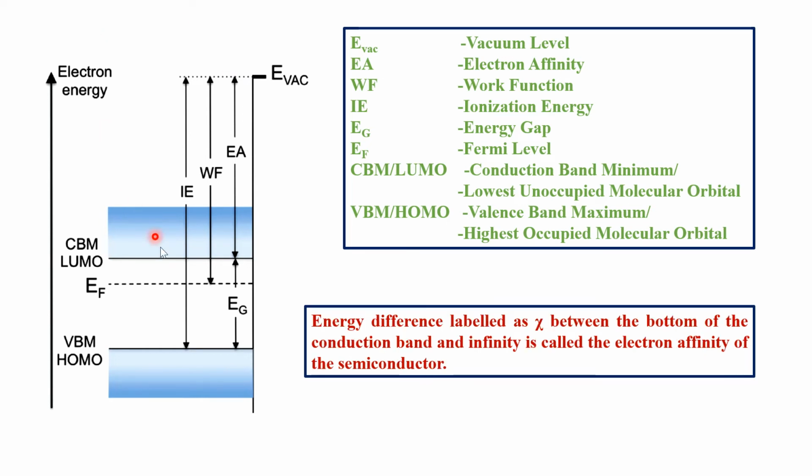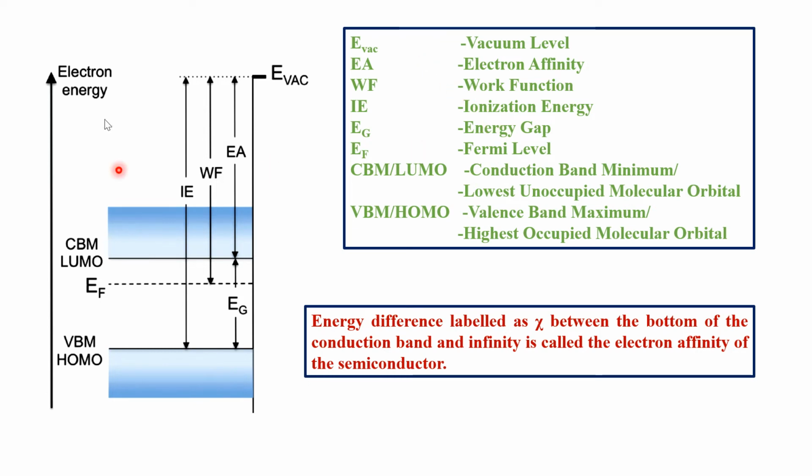Then we have what is known as electron affinity. It is usually denoted by the symbol chi, and it is the energy difference between the bottom of the conduction band and the infinity level or the vacuum level. So that is the electron affinity of the semiconductor. I hope these terms are now clear to all of you.